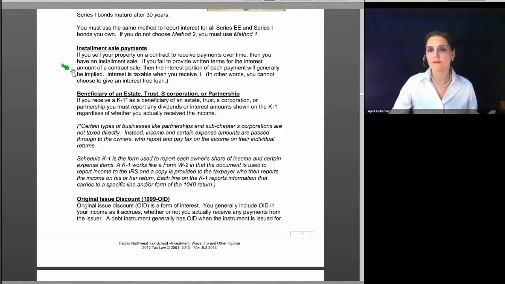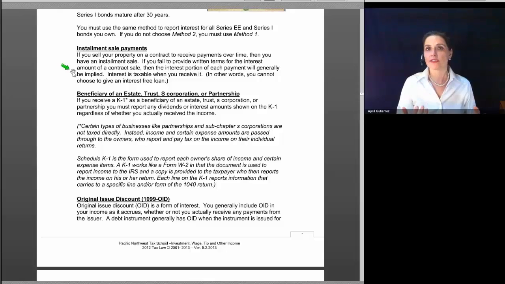You're going to be saying, well, all of the payments I'm receiving on this home are tax-free. But when you sell a home on an installment contract, you're lending money to the person who buys it, and they're having the use of your money. And so a portion of each payment that you receive really should be treated on your return as taxable income and be attributable as interest.